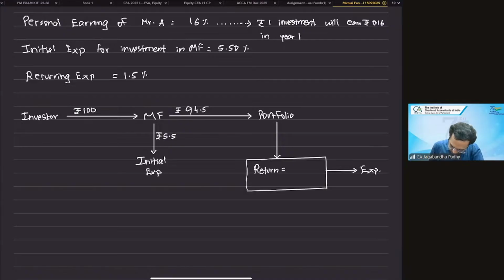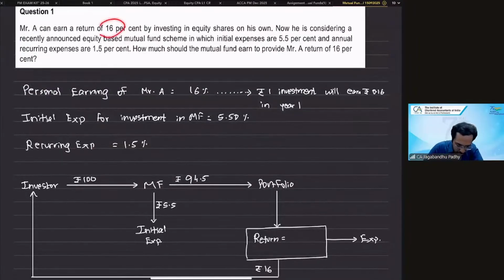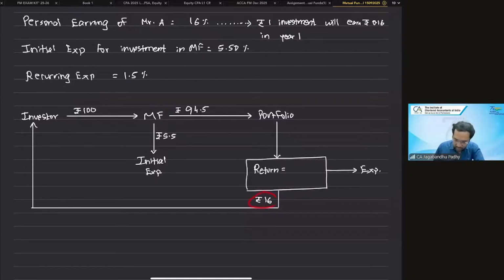Also, this return should be sufficient to compensate our investor at 16%. The investor should be paid 16% of his investment, because it is his personal ability to invest at the rate of 16%. So the investor should be getting 16 rupees.